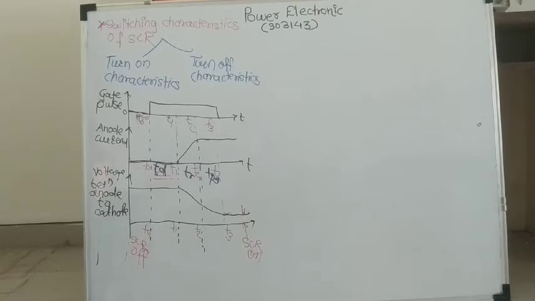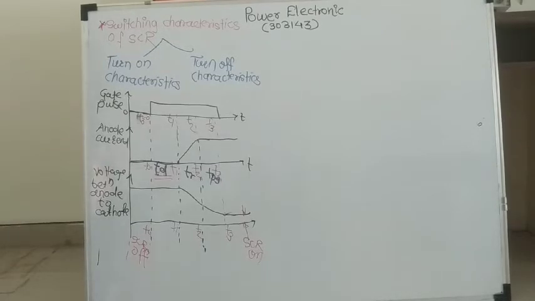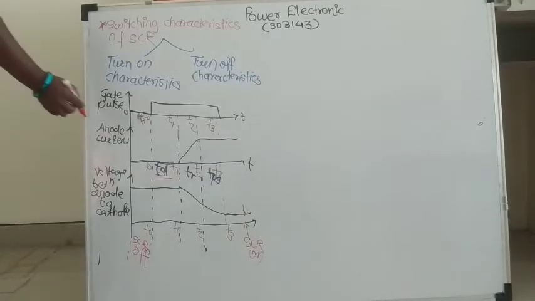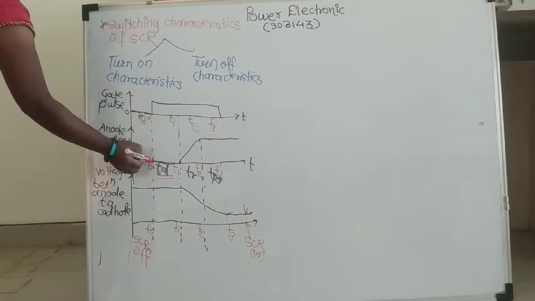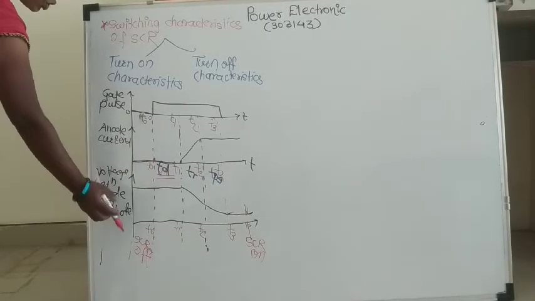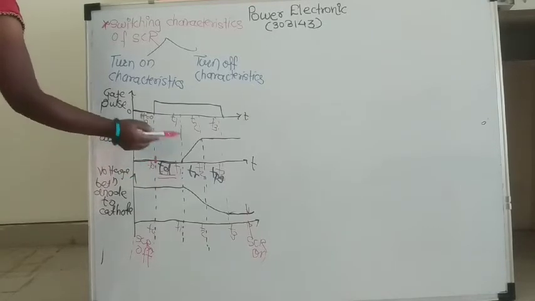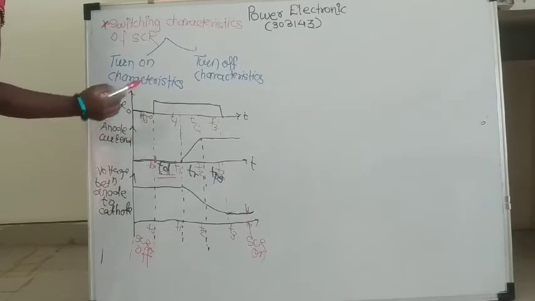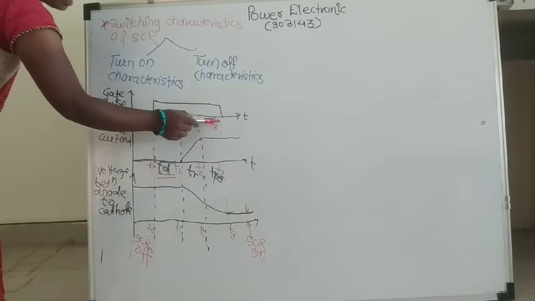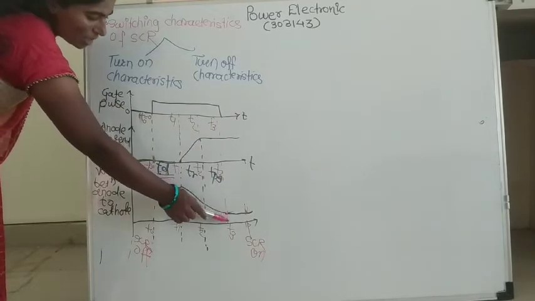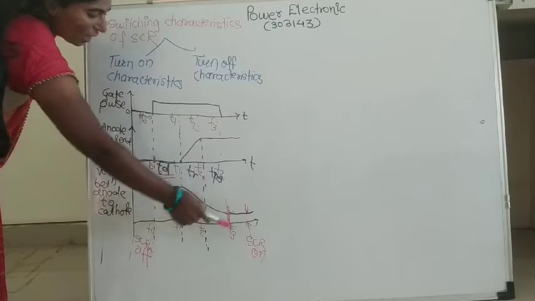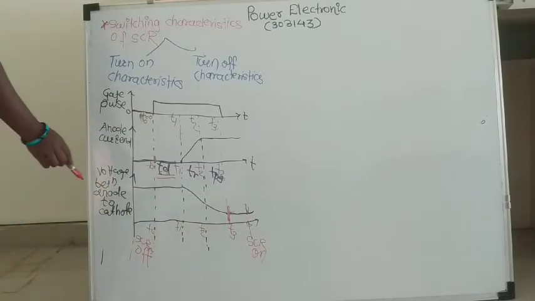Now to turn on the SCR we observe that before this timing SCR is totally in off condition. After that it starts to turn on, and at T3 timing SCR gets totally in on condition.